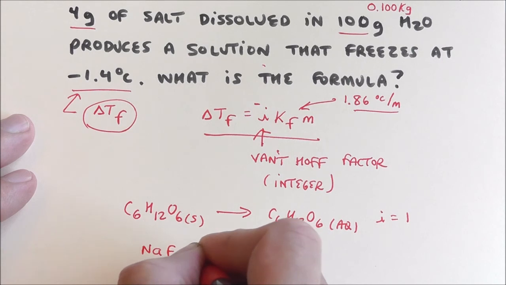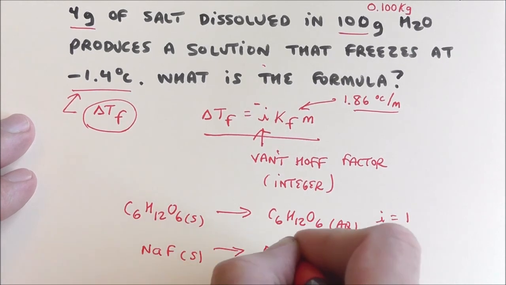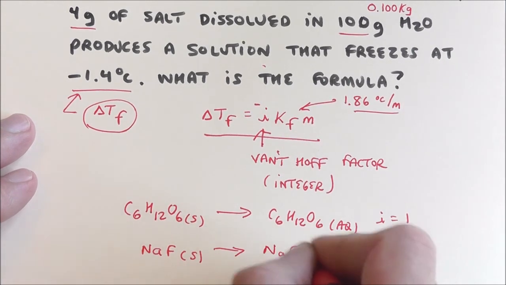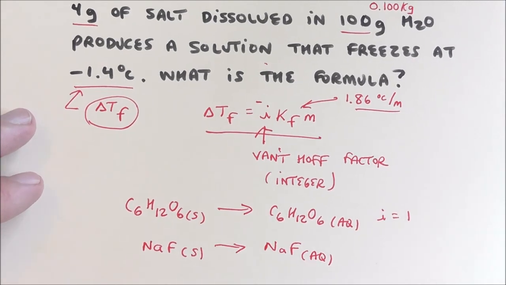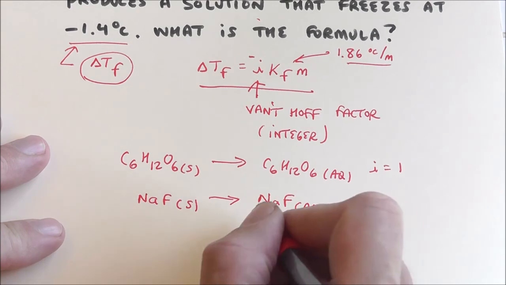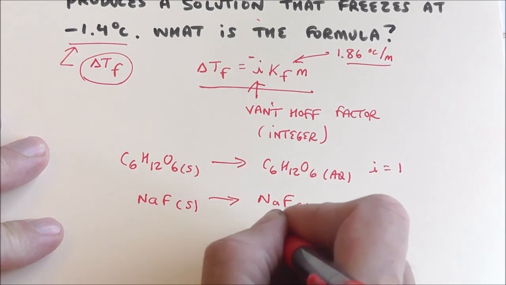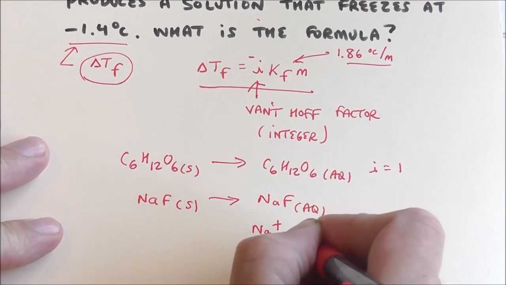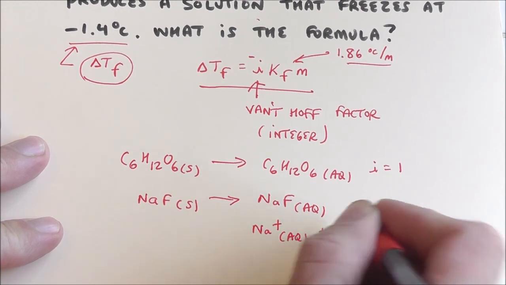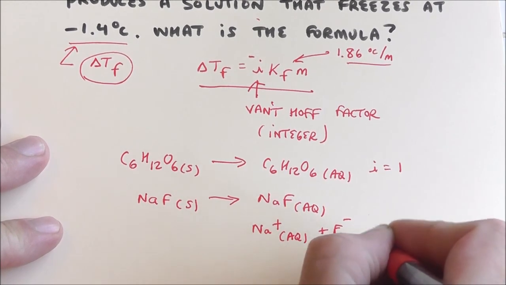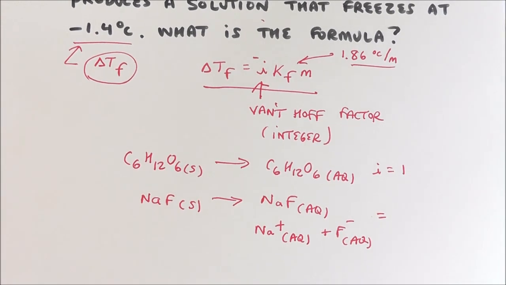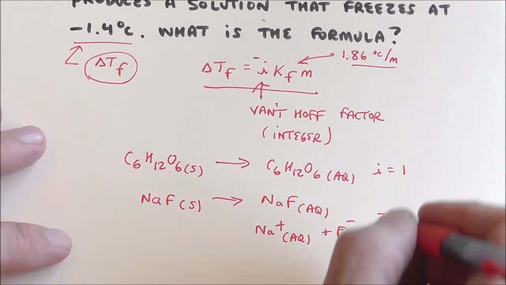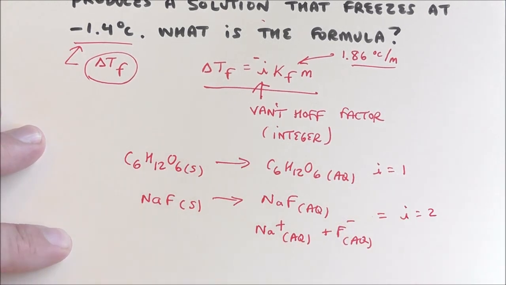You remember from Gen Chem 1 that is really not NaF. That is Na plus and F minus dissociated. If you dissolved a mole per kilogram, it's going to behave like 2 moles per kilogram, and that is an I of 2.